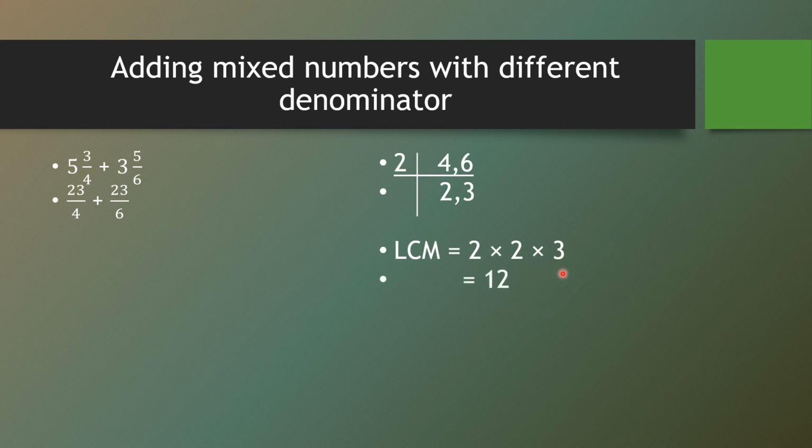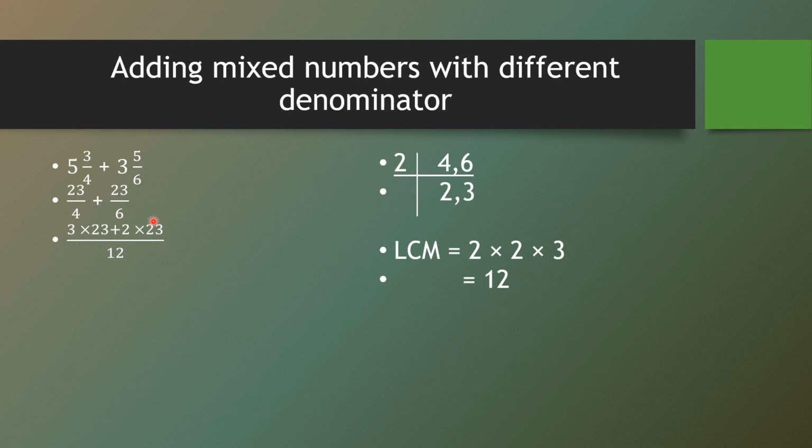It means 12. Now we will write that LCM as the denominator. So 12 will be our denominator. Now we will divide 12 by 4. 4 3s are 12. We will write 3 here and multiply this numerator 23. Plus, 6 2s are 12. We will write 2 here and multiply this numerator.